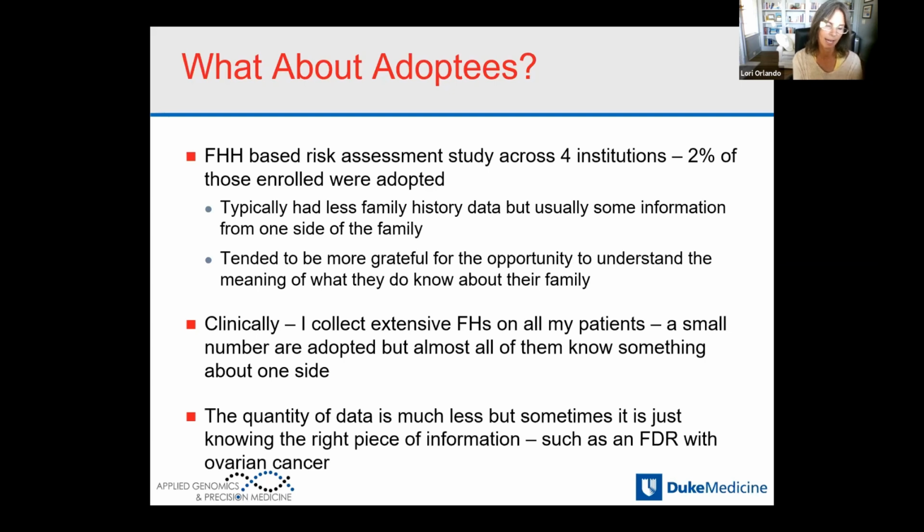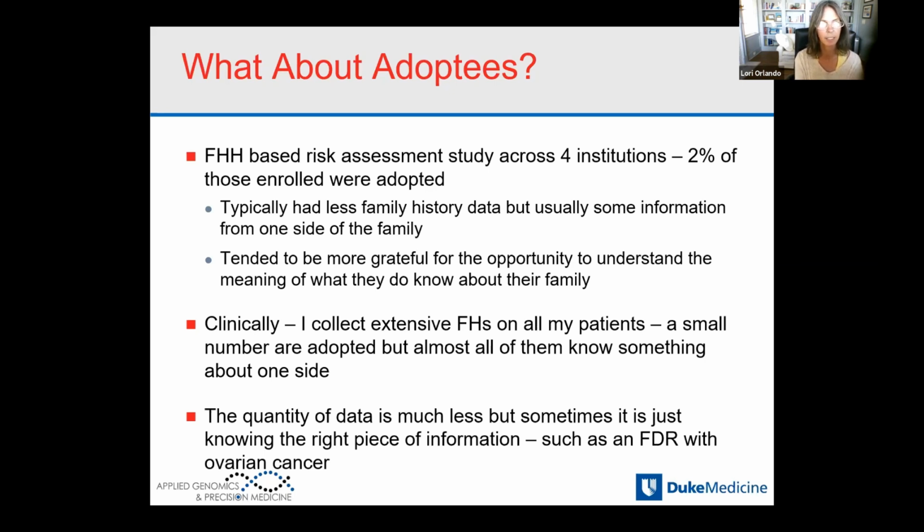So they may say, I know about my dad and I know about his brothers or his parents, but I don't know anything about mom's side. And they also tend to be much more grateful about the opportunity to understand the meaning of what they do know about their family. And again, excluding them seems extremely unfair when I think understanding the value of what they do know is even more important for this particular group of people.